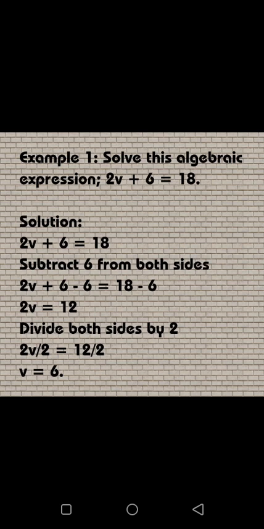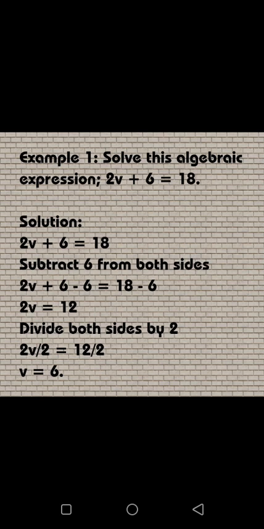So once you divide both sides by 2, 2v all over 2 equals 12 all over 2. So the 2 will cancel out 2, then v will be left alone. So 12 divided by 2, how many times can 2 go in 12? That's 6 times. So it will now be v equals 6.